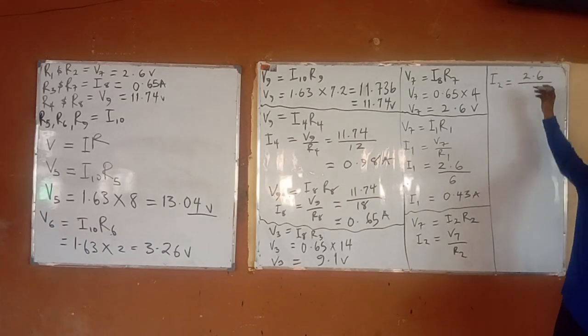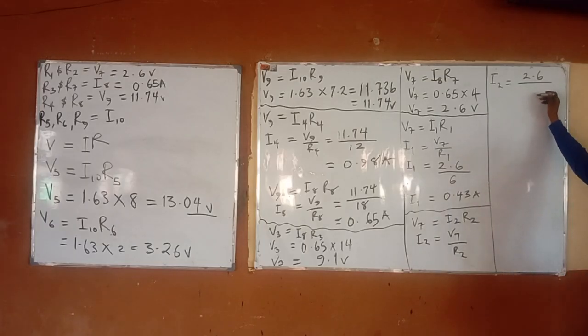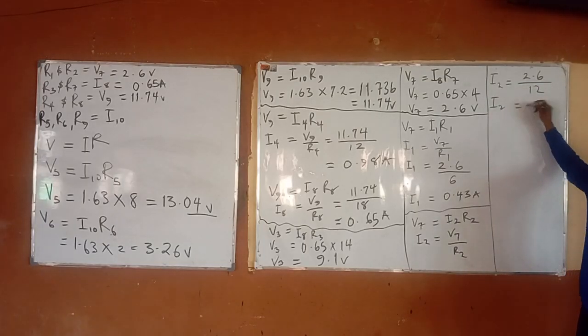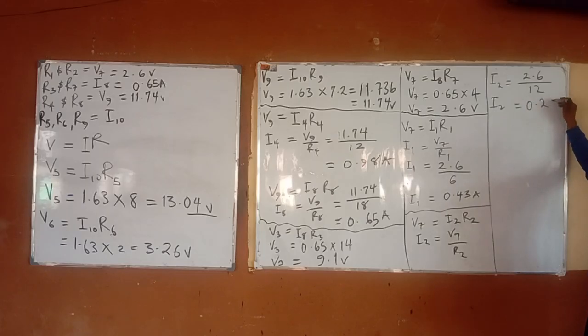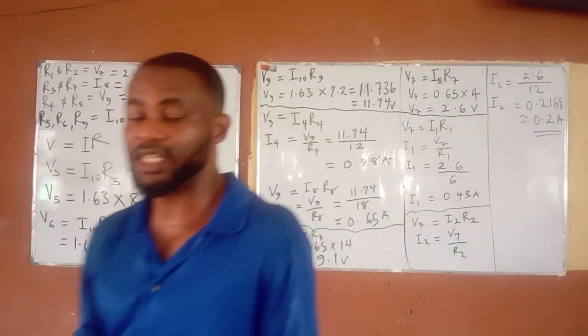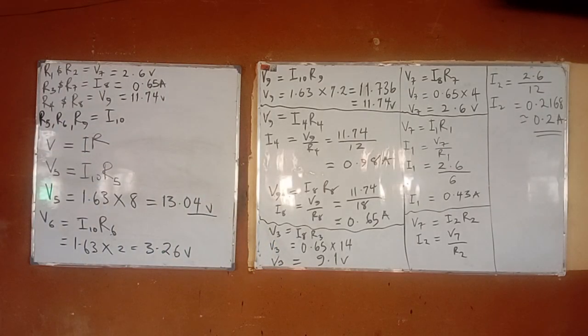Resistance in the second resistor is what? 12. Punch for me. That is approximately 0.2. And very simple like that. So this is how you find the voltage and how you find the current without stressing yourself. Please stick to it. Try to memorize it. That is how you go about that. Always.